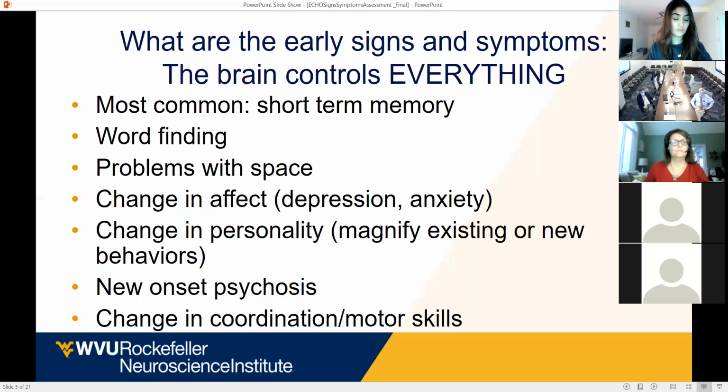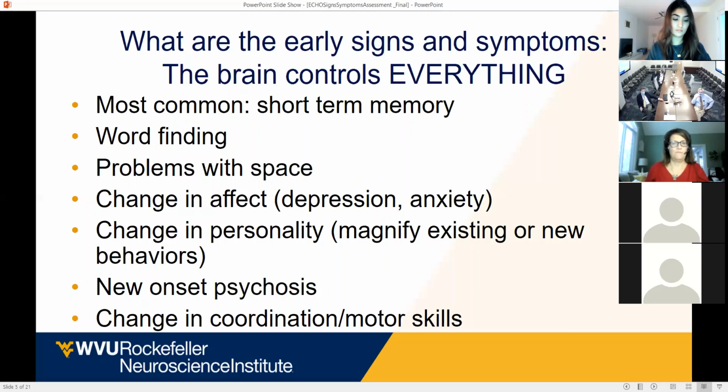What do you call that whatchamacallit thing over there? Hand me that, well, you know, what is that thing? Looking for those kinds of changes in pulling out words that are very common. Another common change is change with space: finding your way in space, understanding space, and judging distances.